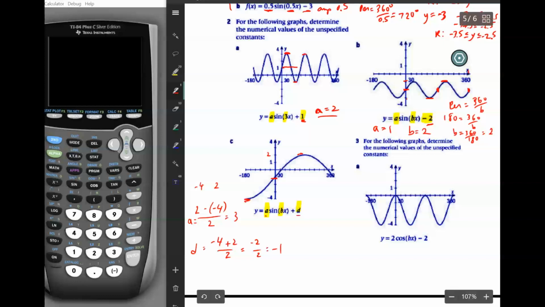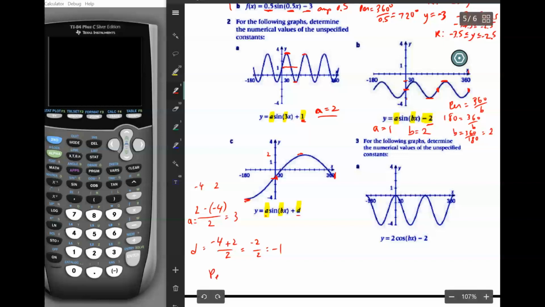What about B? B we figure out based on the width of the function. And we don't even have a full cycle here. If we look at this, it looks like half a cycle would be going from here to here. It seems like half a cycle basically goes from 0 to 360. So that means a full cycle would go from 0 to 720, right?